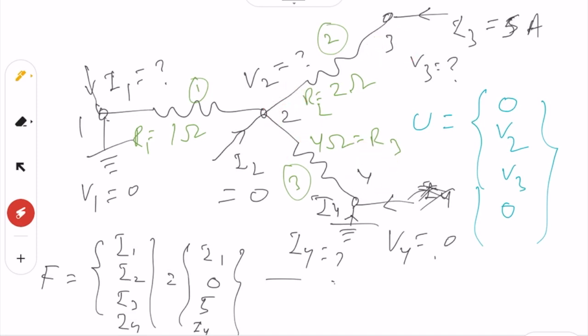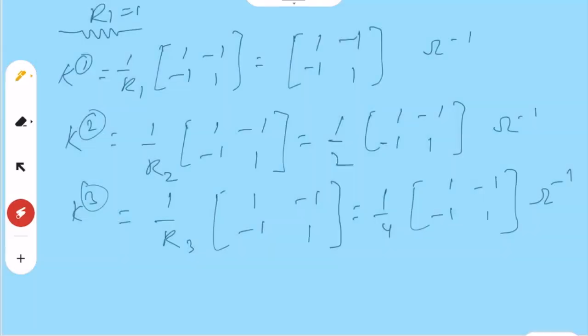So 1 and 2 for the first one; let us write it so that we remember.